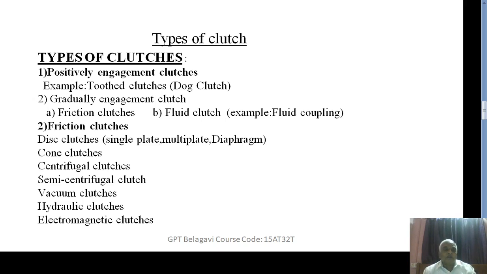And the second one, the gradual engagement clutch. In this gradual engagement clutch, again there are 2 different types: one is the friction clutch, another one is the fluid clutch. The example for the fluid clutch is the fluid coupling.